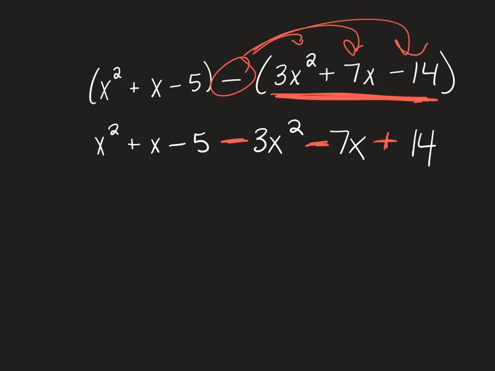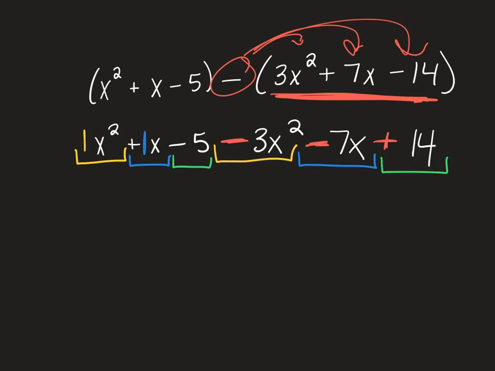So let's go ahead and mark them. We have a 1x squared and a negative 3x squared, a positive 1x, a negative 7x, and a negative 5 and a positive 14. Let's combine those together. Remember, these have our invisible ones.